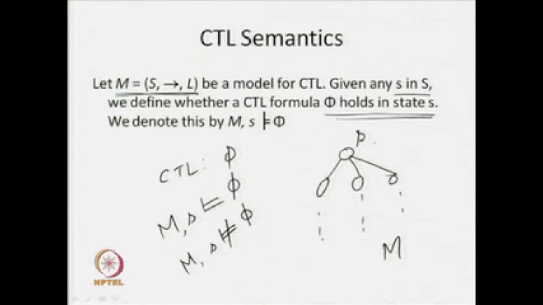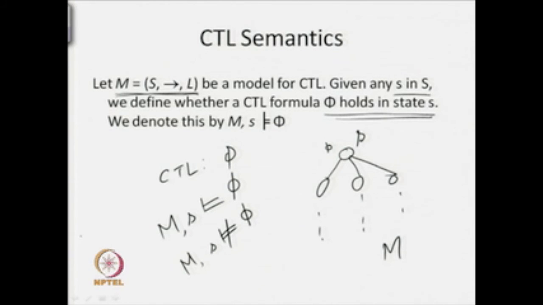So, basically we say that phi holds in a particular state or phi does not hold in a particular state. If phi holds in a particular state, sometimes you can have a label of phi there. The meaning of a CTL formula will be defined on its structure, because a particular CTL formula may have subformulas also. So, we define the meaning inductively on the structure of the CTL formula.